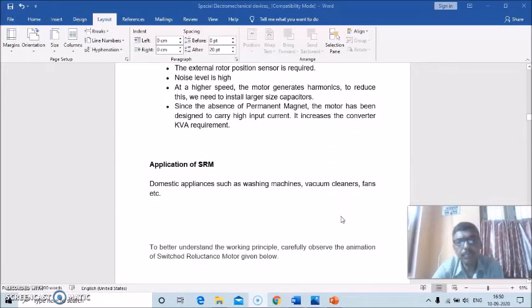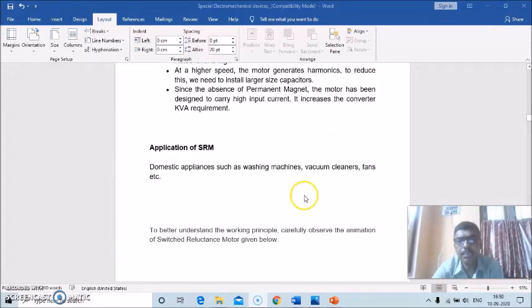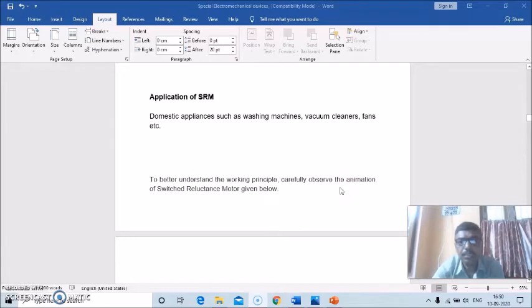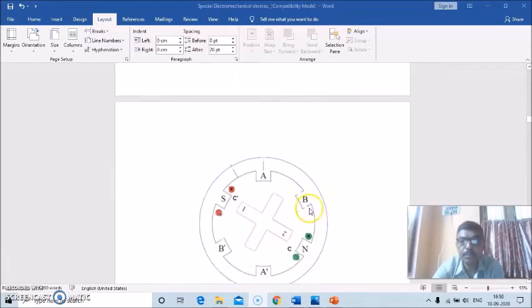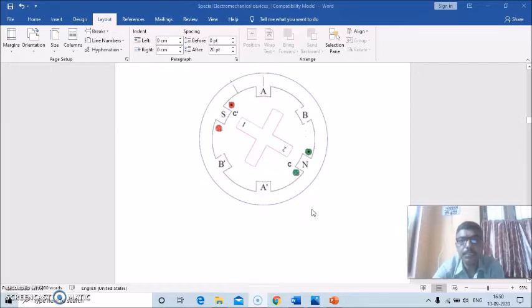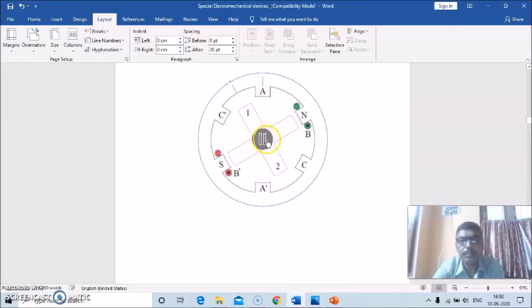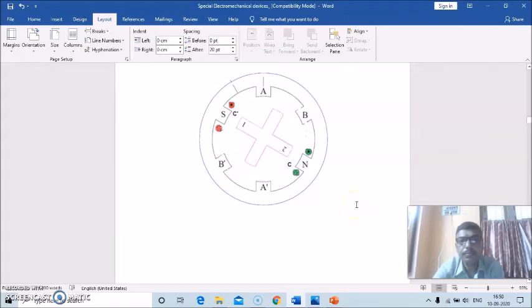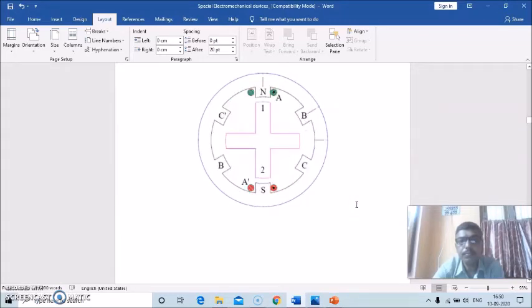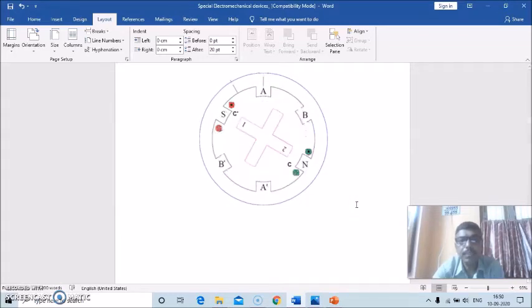Applications of SRM: domestic applications such as washing machines, vacuum cleaners, fans, etc. And to better understand the working principle, carefully observe these animations of the switched reluctance motors. See this animation. See how it is working.